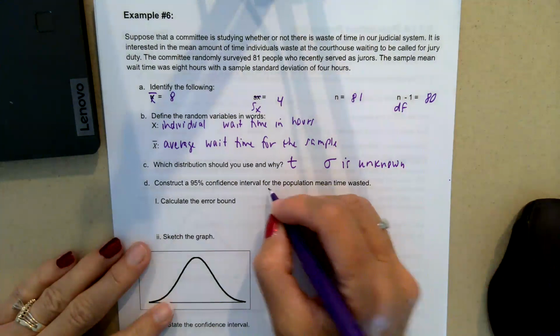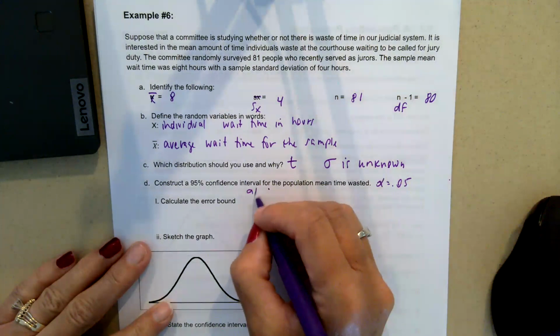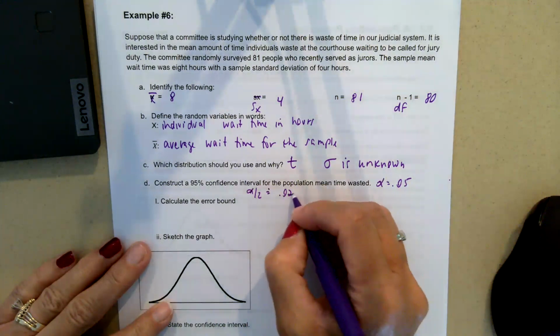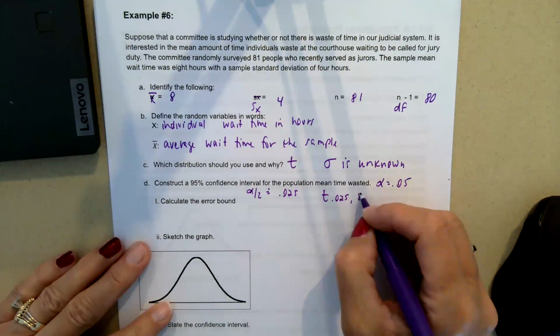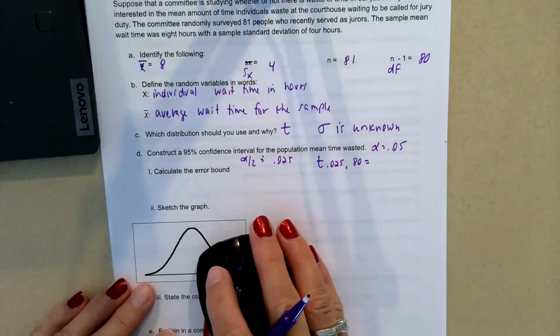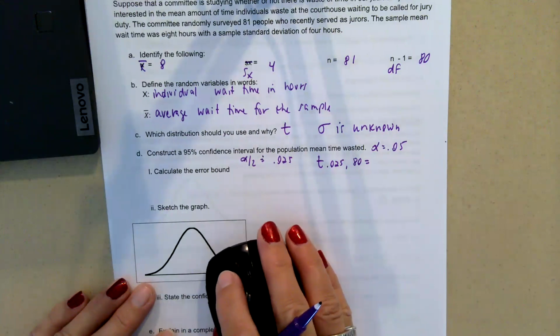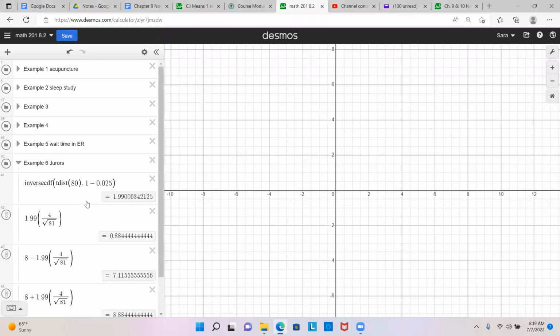So alpha is 0.05. Alpha divided by 2 is 0.025. So the t of 0.025 and 80, we'll find that in decimals. So let's go there. That's 1.99.